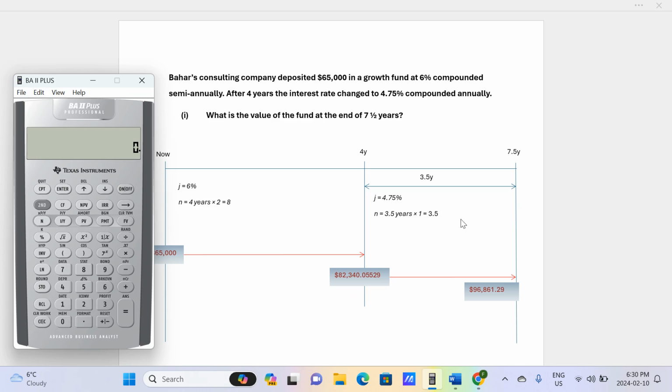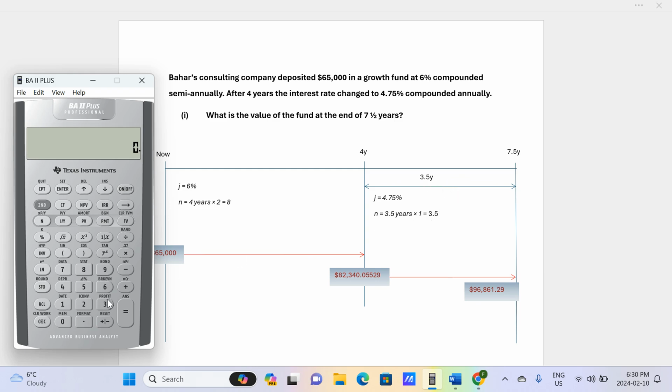I need to enter N because we have a new number of years. During the second period of time, 3.5 years, there are 3.5 compoundings, because in each year there is just 1 compounding. The total number of compounding during 3.5 years is 3.5.